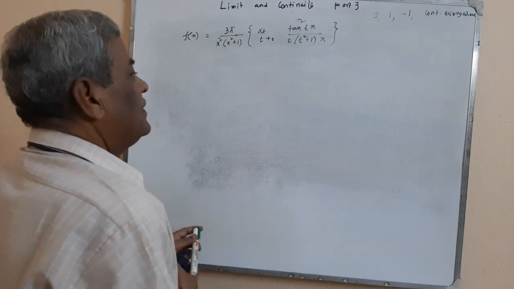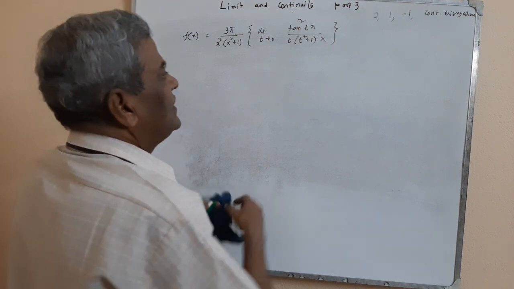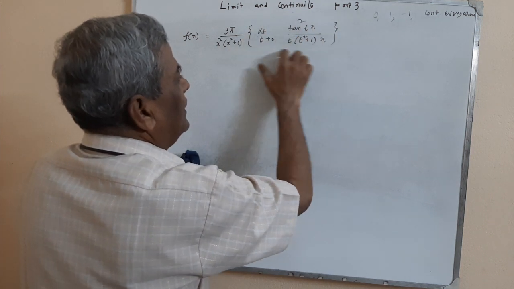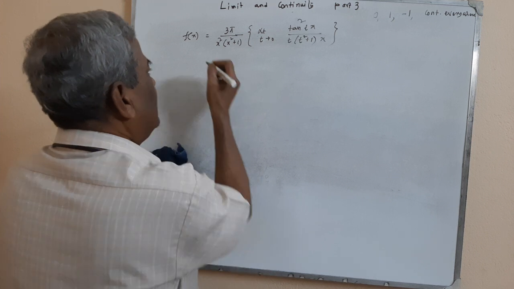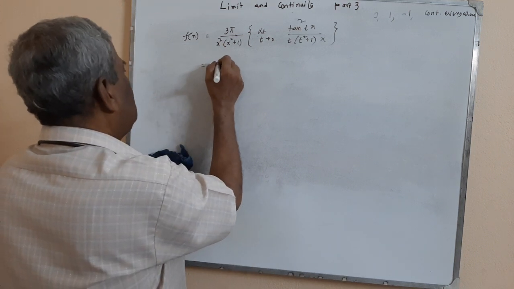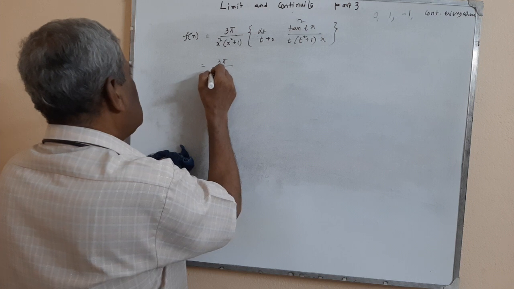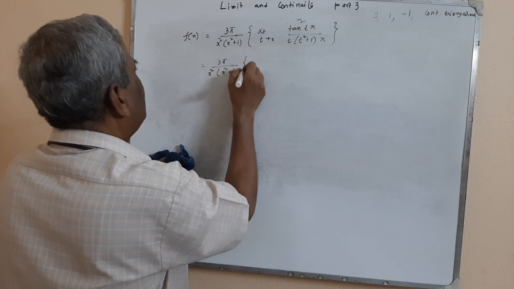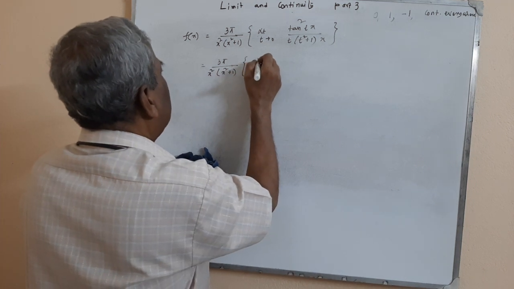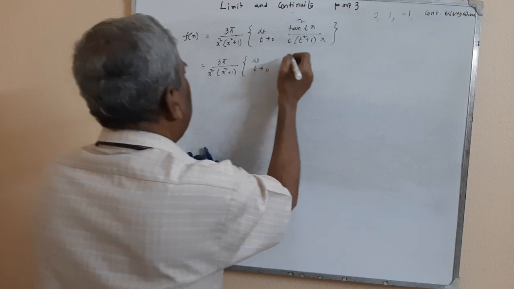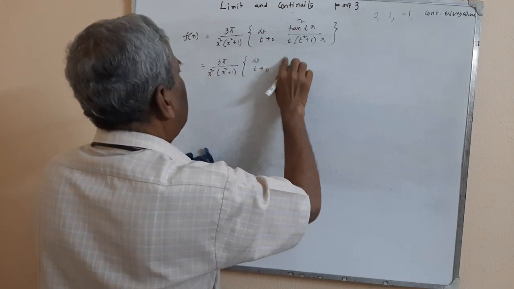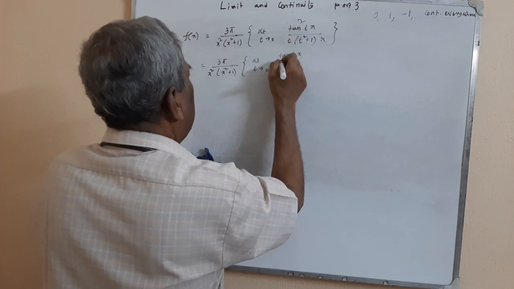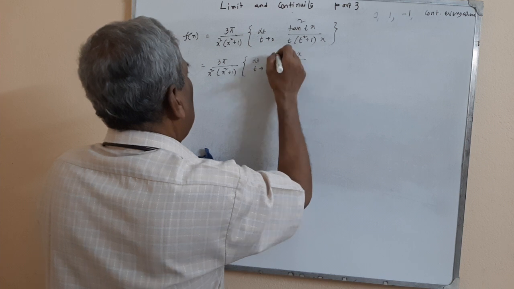So I first treat that limit. After treating this limit, it would be a function of x only. So f(x) is equal to 3 pi by x square into x square plus 1 into limit t tends to 0 tan tx whole square by, I write tx whole square.